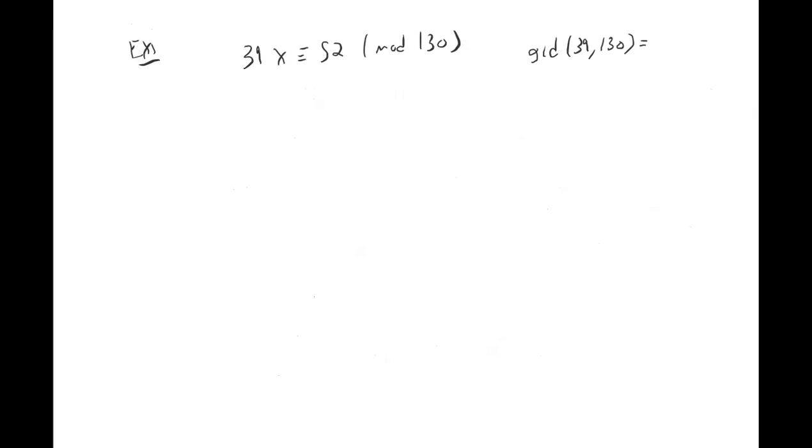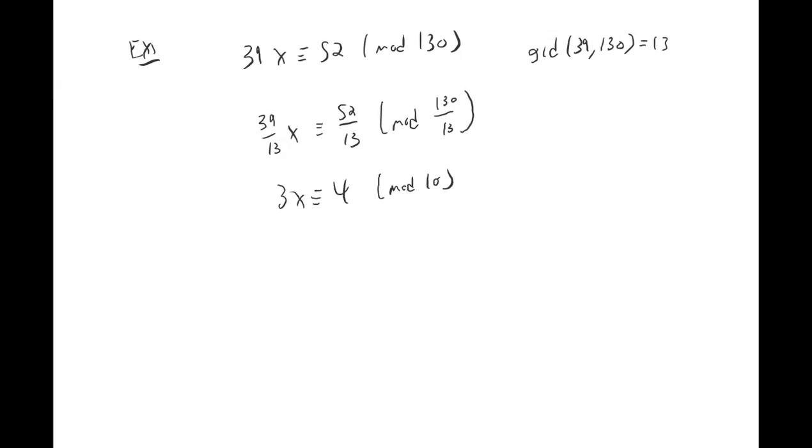So it seems to be 13, because they share that factor. Yeah, it should be 13. So divide out by 13. So now it's 3x congruent to 4 mod 10.